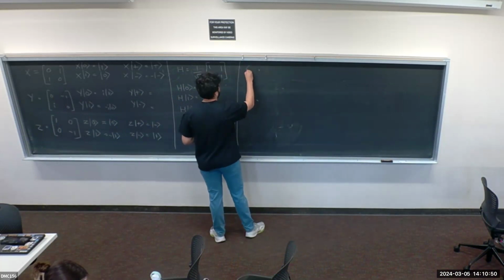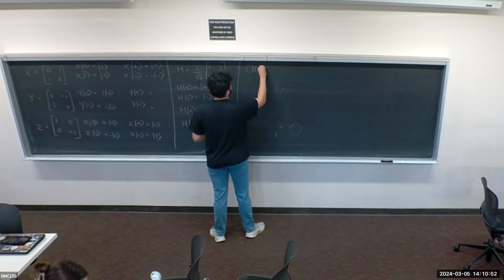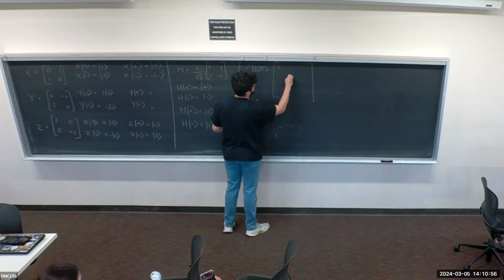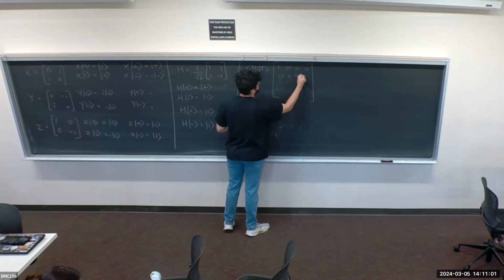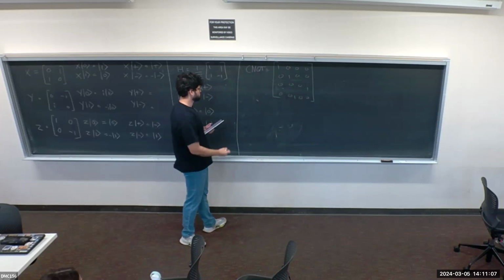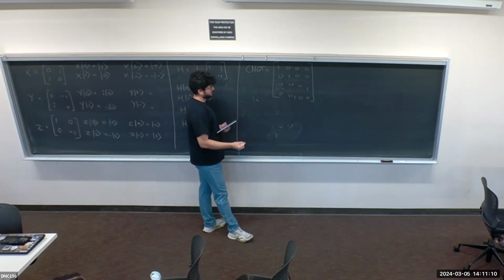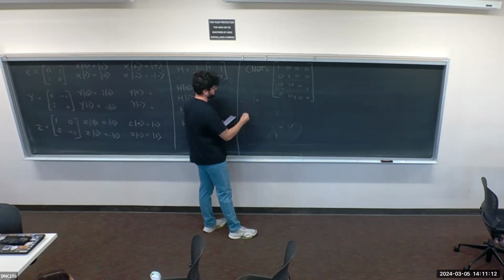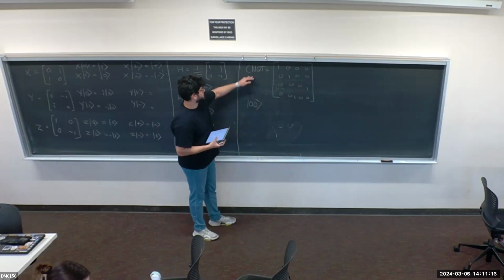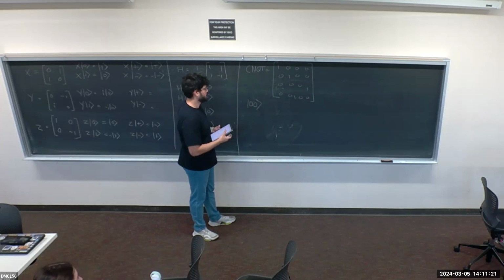Another gate that we use a lot is the CNOT gate. So you know that whenever we talk about CNOT, we usually assume that your first qubit is the control qubit and second qubit is the target qubit.